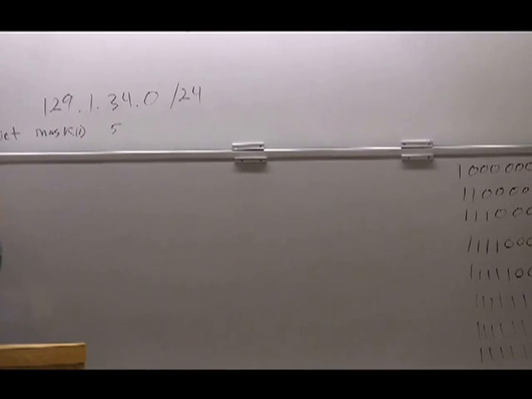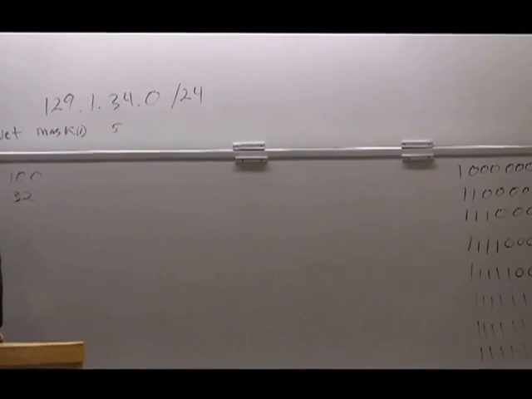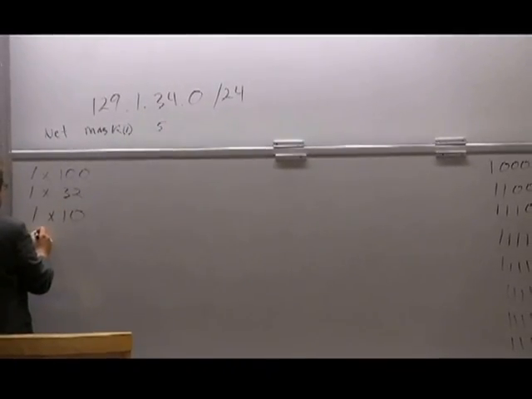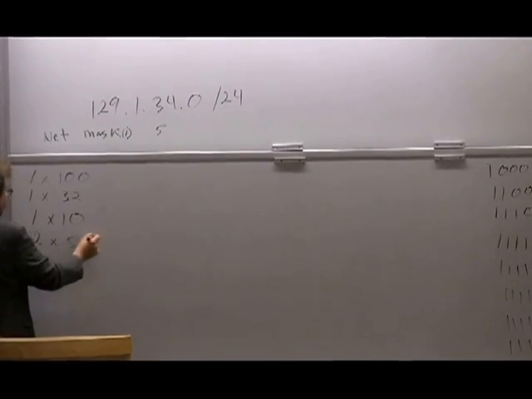And the 5 subnets is we need 1 times 100. The second network needs to be 1 times 32. The third needs 10, thank you. And there was 2 at 5.